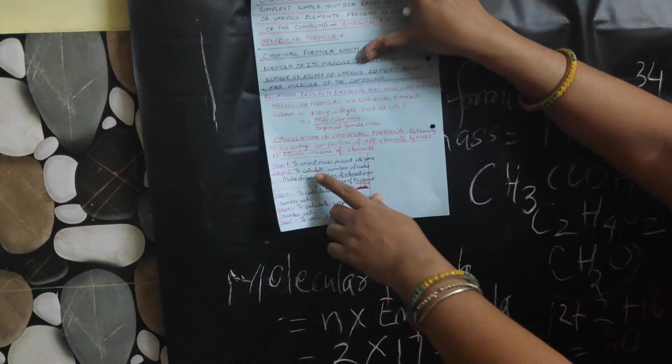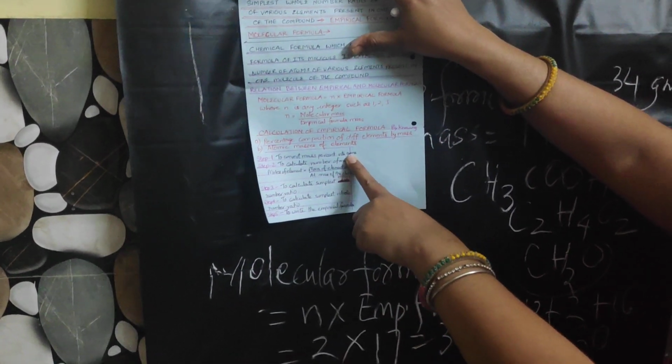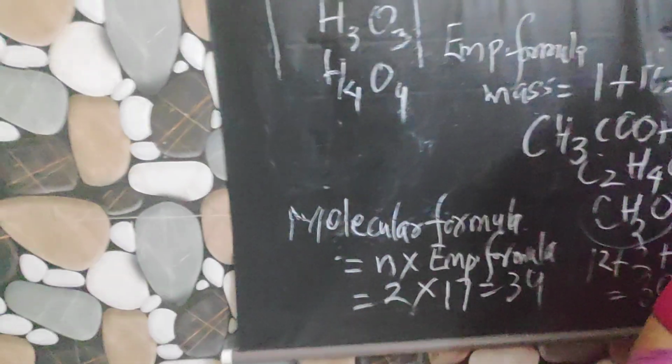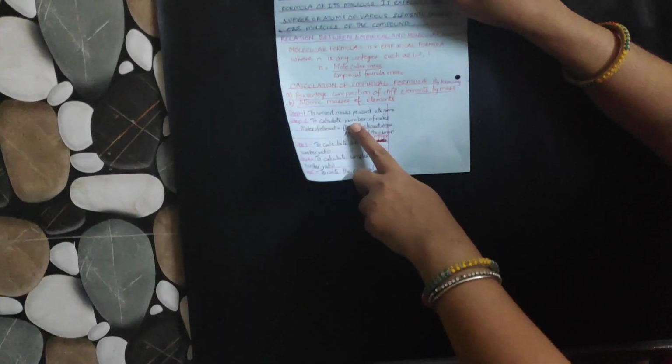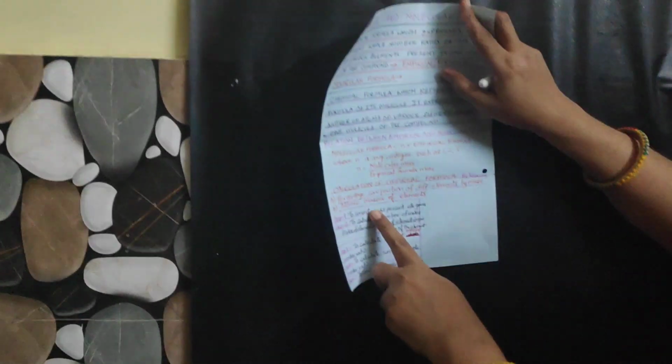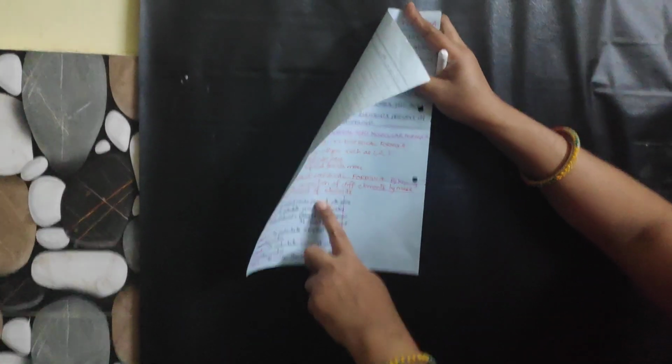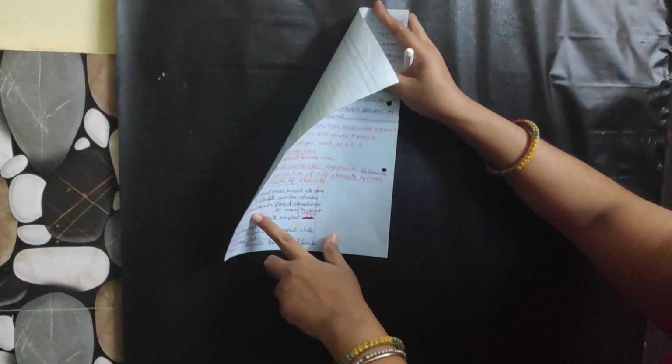First is to convert the mass percent into grams. Whatever percent is given in the numerical, suppose carbon, hydrogen, oxygen, we convert that mass percent into grams.